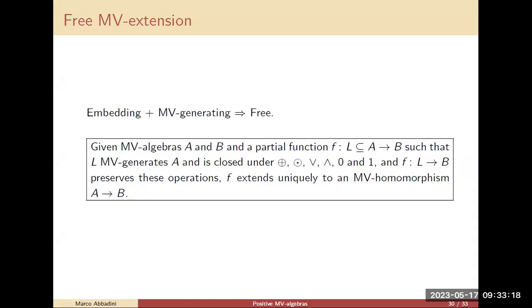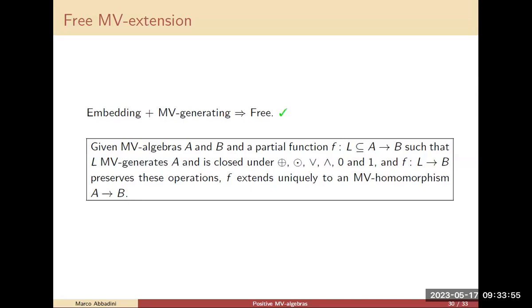Okay, and that's a good thing. So it's enough to prove that something is MV-generated to have this free extension property. So I'm going to write it here. Embedding and MV-generated implies free. This is equivalent to saying that there's a unique possible embedding into an MV-algebra.